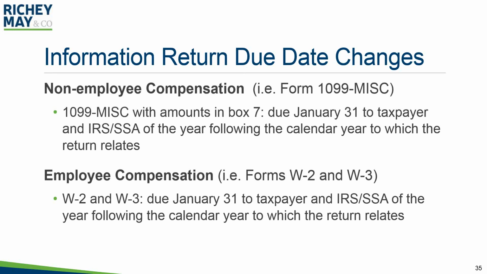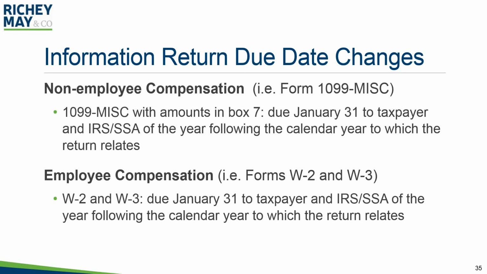So now, if you file a 1099-MISC with an amount in box 7, which is the box called non-employee compensation, then the due date is January 31st to both the IRS and to the recipient, to whom it has to be mailed at that time as well, and that's whether you're filing electronically or via paper.